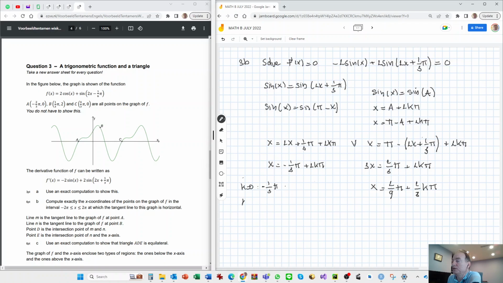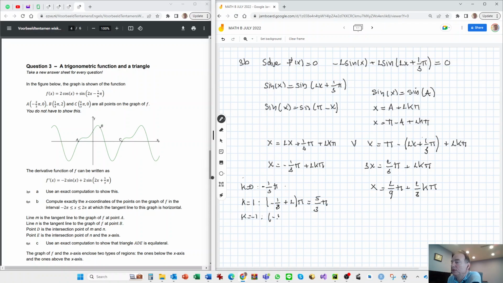I get minus 1/3 plus 2 times pi, which is 5 over 3 pi, so that's still within the interval, but adding another 2 pi to it will be outside of the interval.